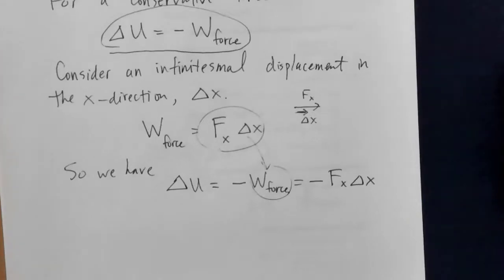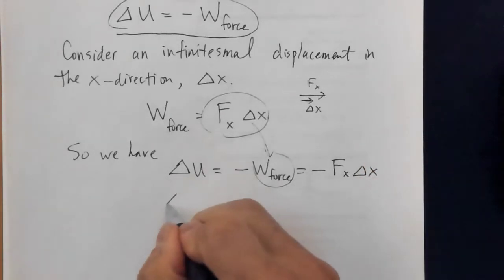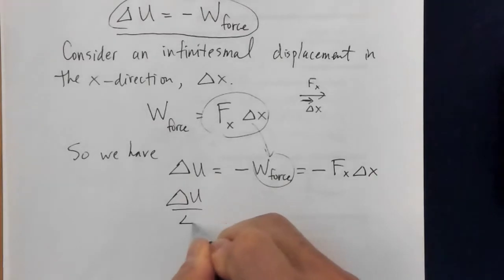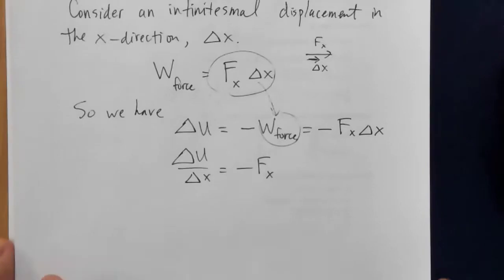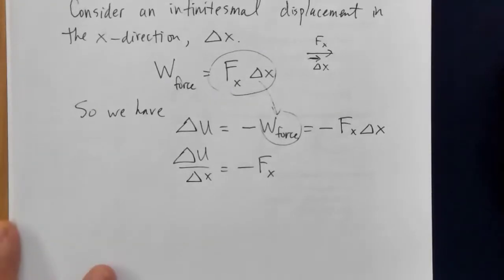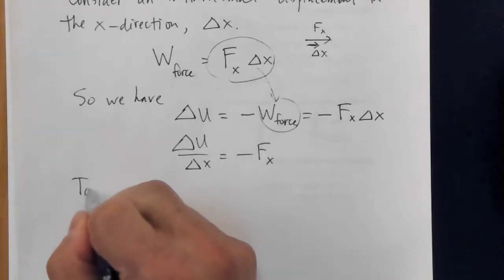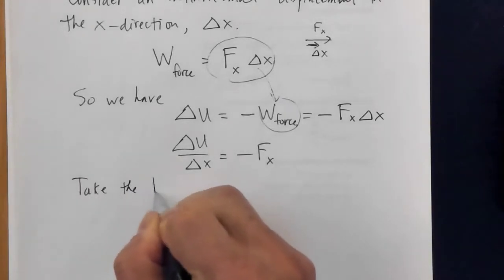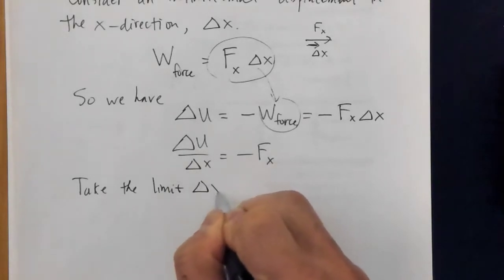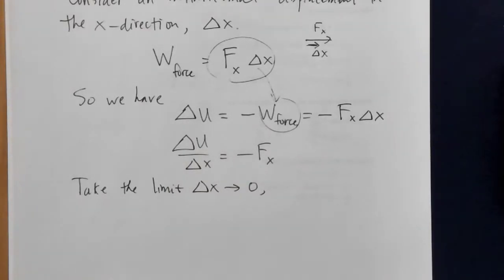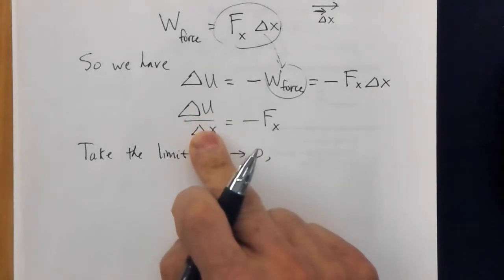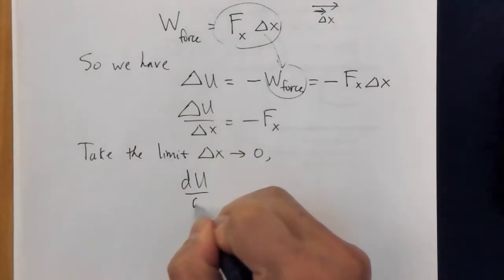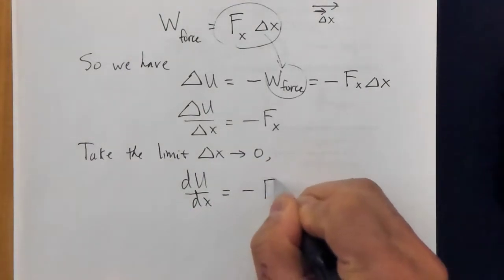We're going to divide both sides by delta x. So then I have delta U over delta x is equal to minus Fx. The next step you probably have seen before. Now we're going to take the limit. Delta x really becomes infinitesimal, it goes to 0, and then we get the derivative. dU/dx is equal to minus Fx.